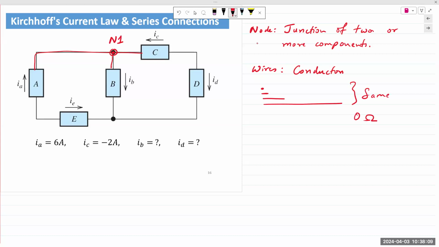All wires connected to one junction or one node are basically that node itself. So a node is not just a tiny dot. A node contains all of the wires also.